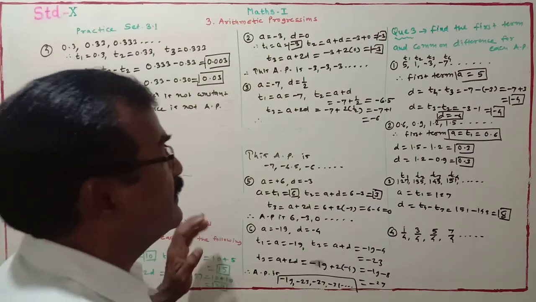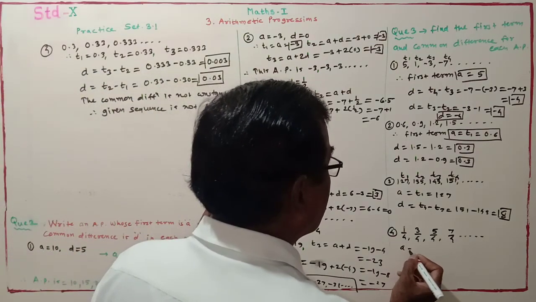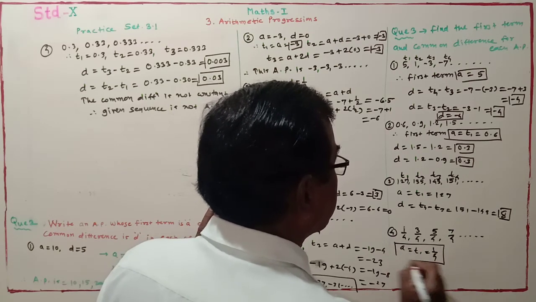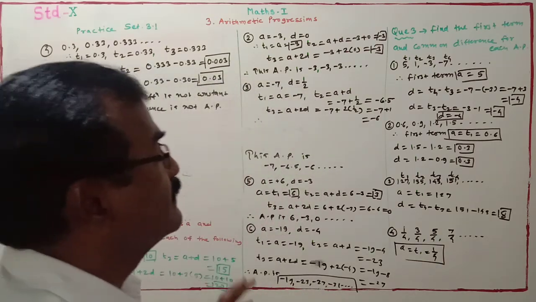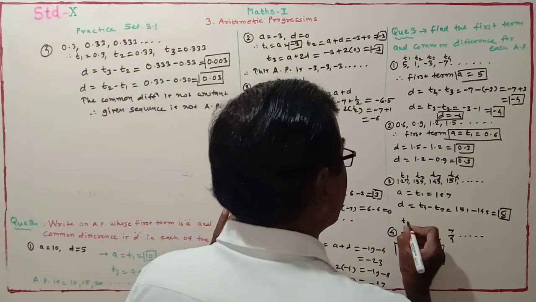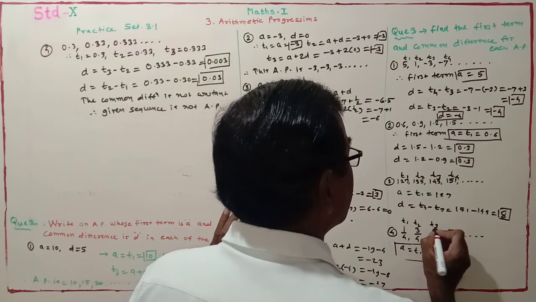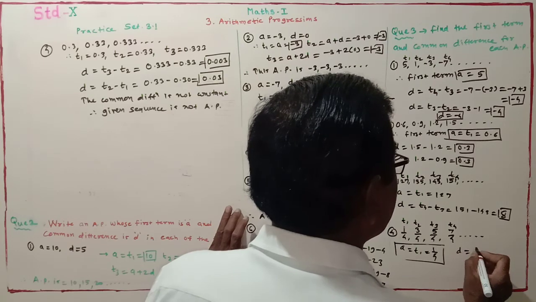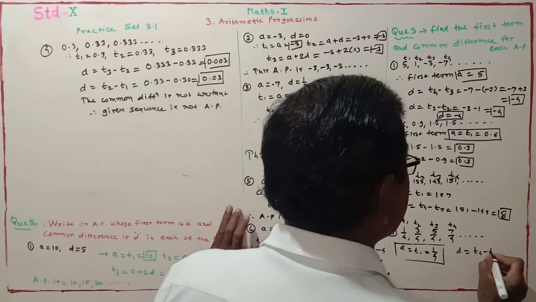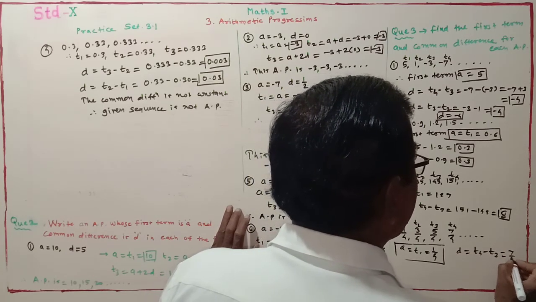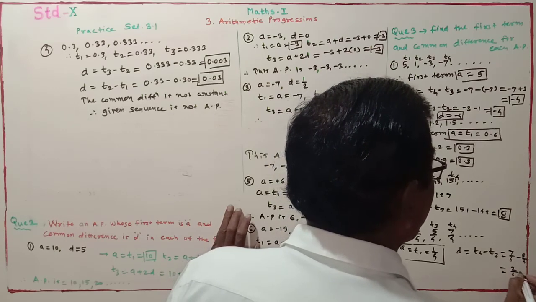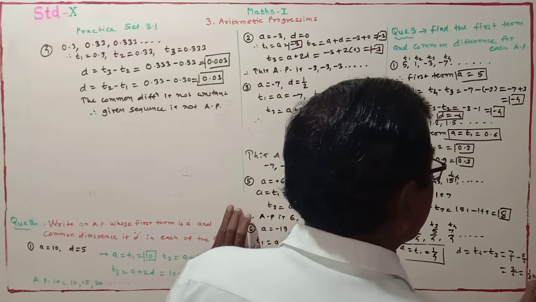In the last example, A is equal to T1 is equal to 1 upon 4. This is first term. And common difference D is equal to T4 minus T3 is equal to 7 upon 4 minus 5 upon 4 is 2 upon 4 means 1 upon 2.